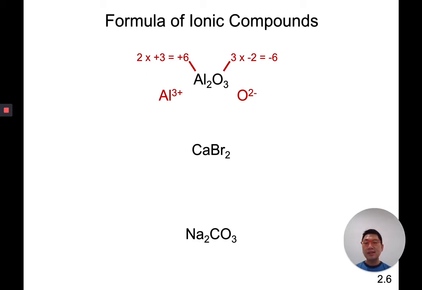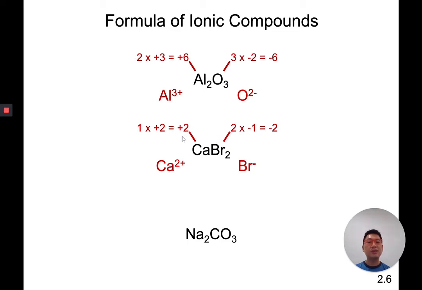Okay, look at the next one. Next one is called calcium bromide. We'll be naming them later. Calcium, if you looked on the table, is a positive 2 charge. Br is called the bromide ion. It's a minus 1 charge. So you can kind of figure out why its formula is CaBr2. I have 1 calcium having a positive 2 charge.